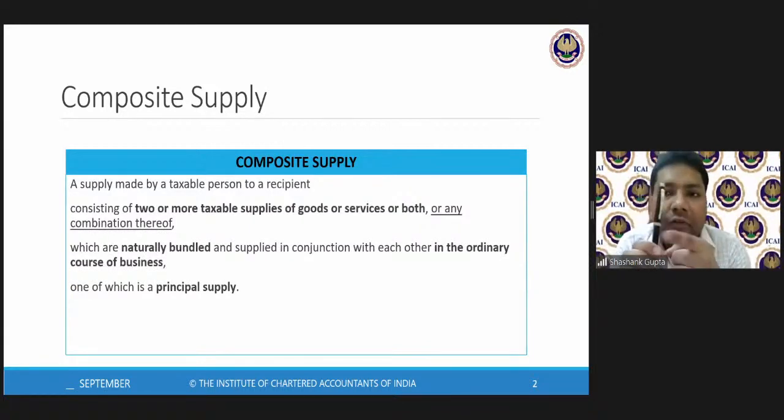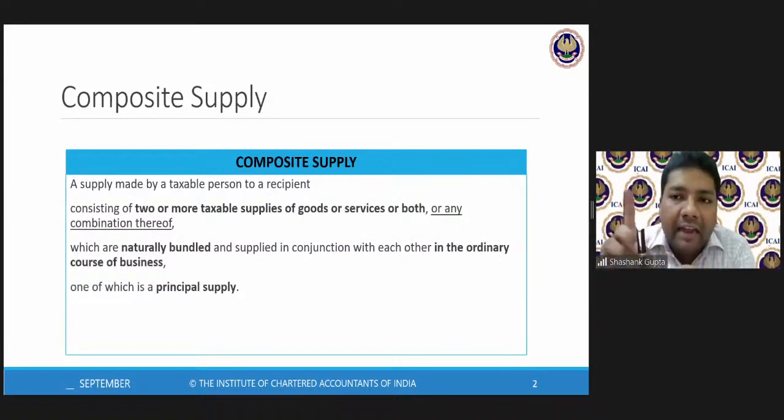This pen individually costs 1,000 rupees. Refill individually costs 200 rupees. But I am buying it as a combination for, say, suppose 1,100 rupees. On the entire 1,100, the tax at the rate which is applicable on the pen, that is at the rate of 5%, will be applicable.